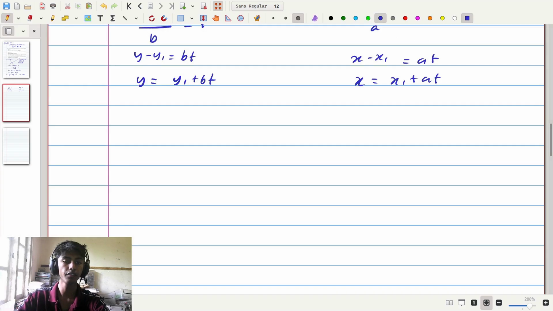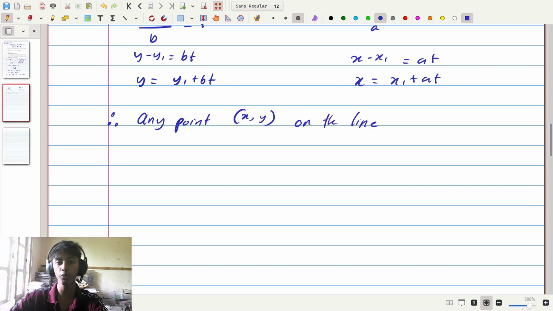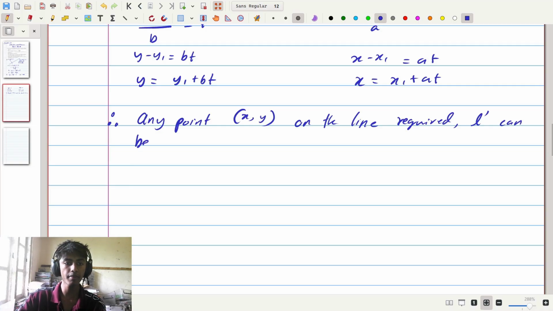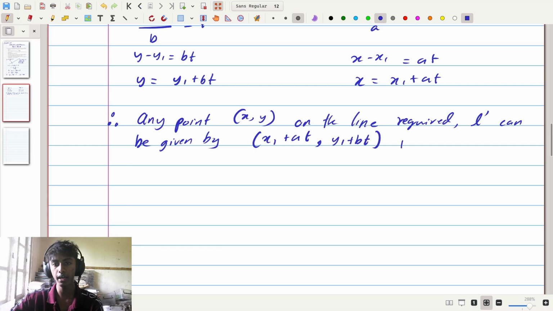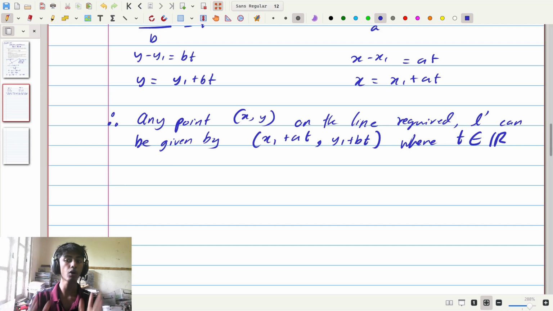So with this we can say, therefore, any point x comma y on the line that is required from us, which is L dash, can be given by x1 plus at instead of x, comma, y1 plus bt instead of y, where t is an element of the real numbers and is a parameter that we can change from negative infinity to positive infinity to get any point on the line L dash.